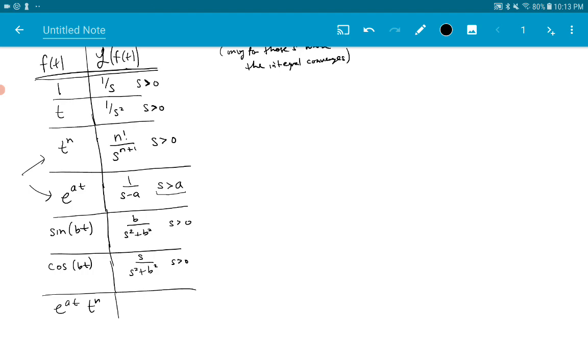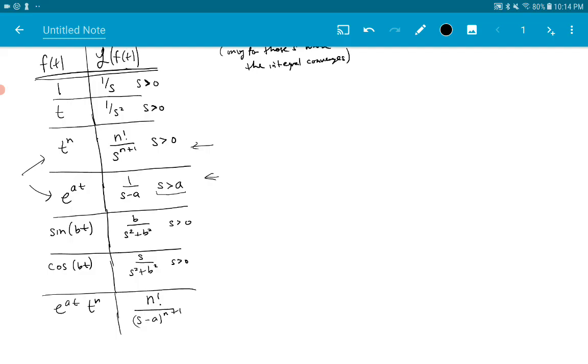And if you do that, you'll get this formula here: n factorial divided by s minus a to the n plus 1. Okay, so you can see it's sort of a combination of these two ideas from these two.